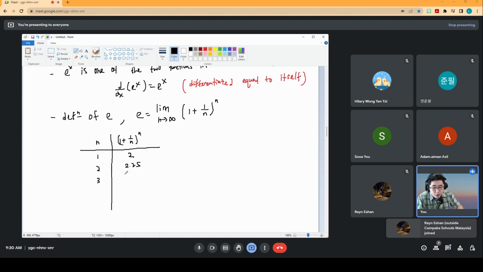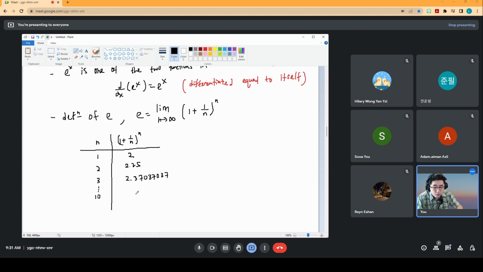If I put 3, I will have 1 plus 1 over 3, so 4 over 3, power by 3. You will see that I have 2.37037.